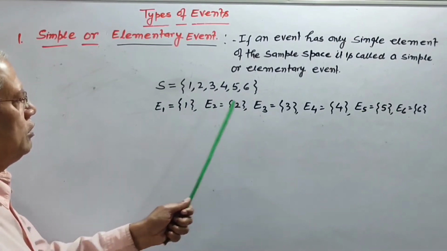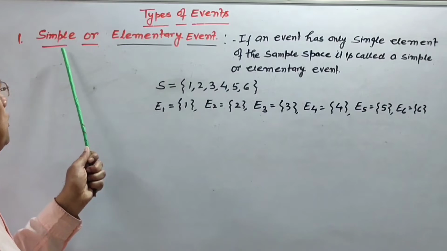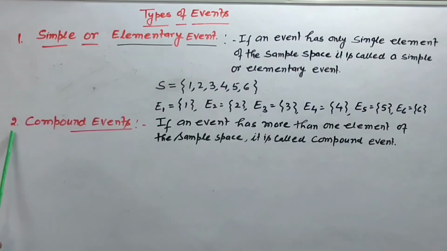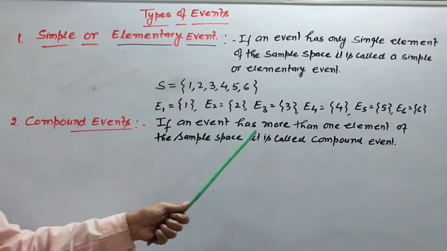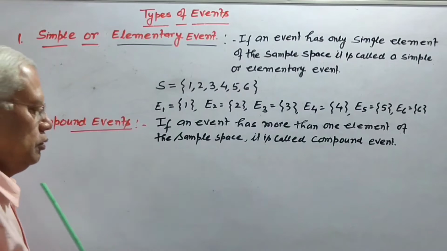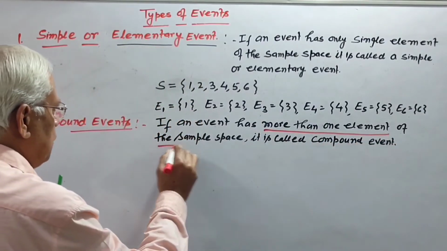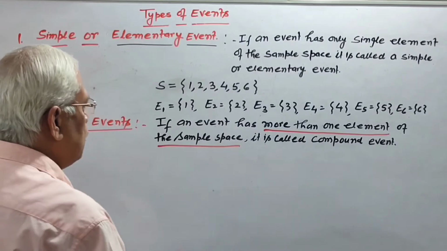All these events are elementary or simple events. Second event is compound event. If an event has more than one element of the sample space, it is called a compound event.